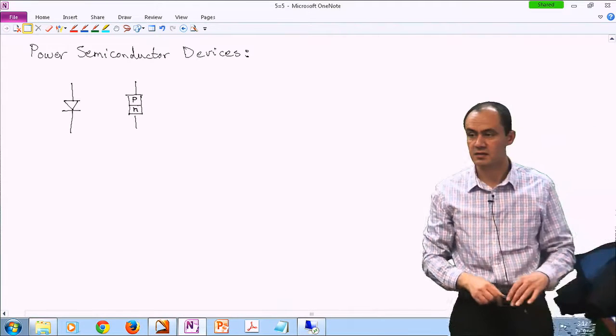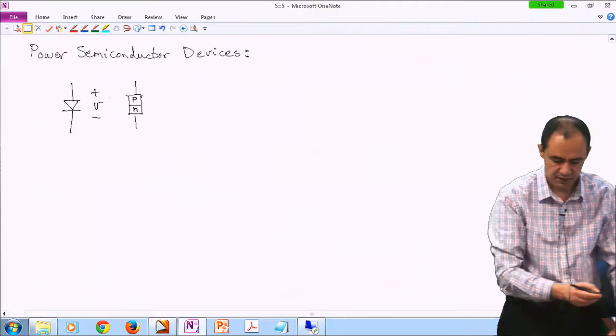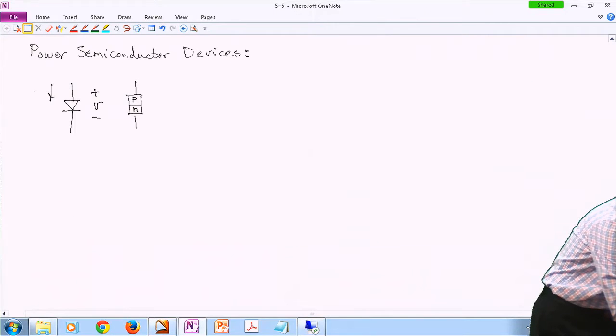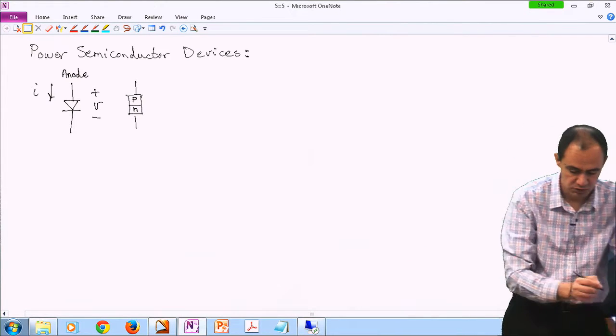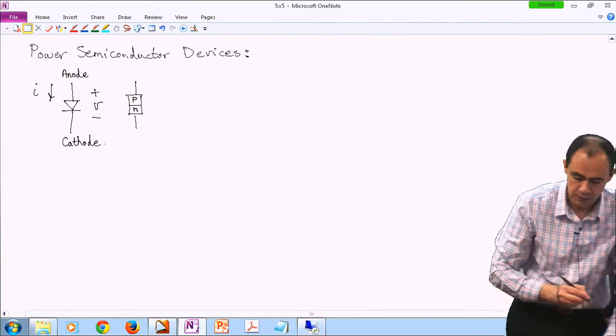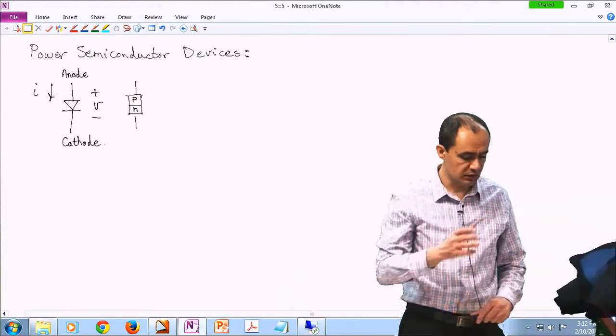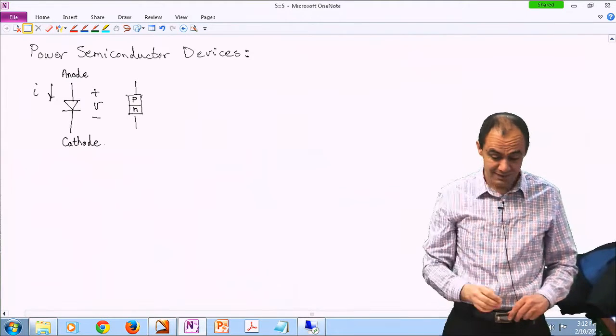Which is basically a simple PN junction. The voltage of the diode is always defined from its anode to its cathode, and the current is always flowing from anode to cathode. By the way, this is the anode. The P side of the junction is called the anode, and the other one is the cathode. All right? Now remember, a diode is kind of an exception. It is a switch, but it doesn't have any control.